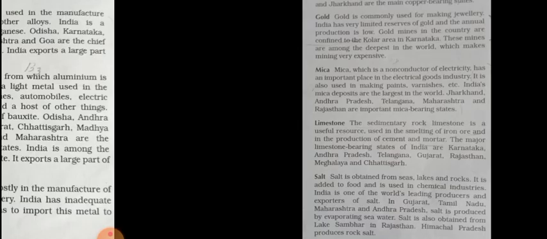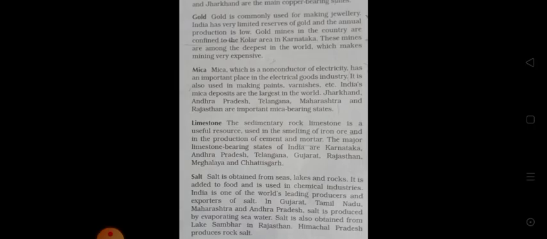Now gold. Gold is commonly used for making jewelry. We have a very limited resource of gold, and production is very low. Gold mines in the country are confined only to the Kolar area in Karnataka.